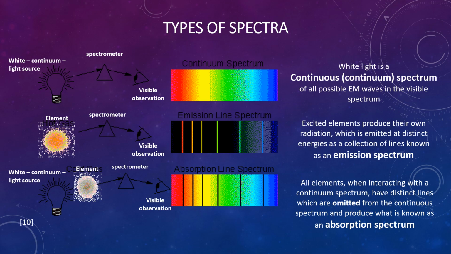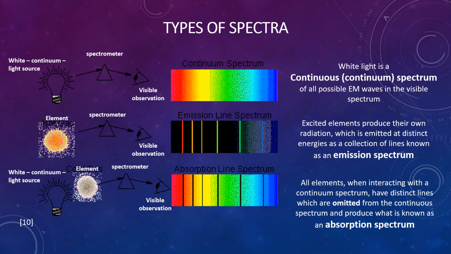And as they move between these quantized energy levels, they can emit light that is particular to the energy that they have as they move between those levels. So this gives us an emission line spectrum because the energies are emitted at only specific levels. So rather than a continuous rainbow source, we have individual bright lines, emission lines.